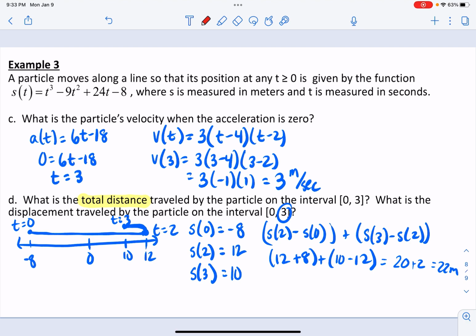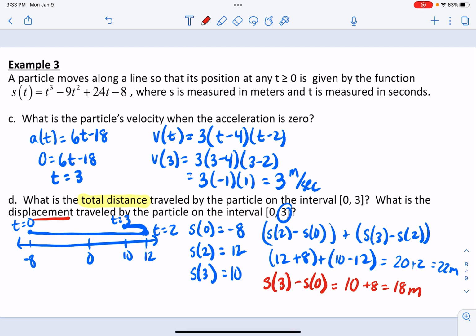Now, when I'm looking for the displacement, all displacement is S of 3 minus S of 0. So where I end versus where I started from. So I have 10 minus a negative 8. So that is 18 meters.